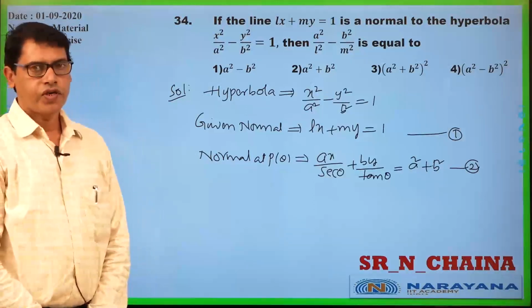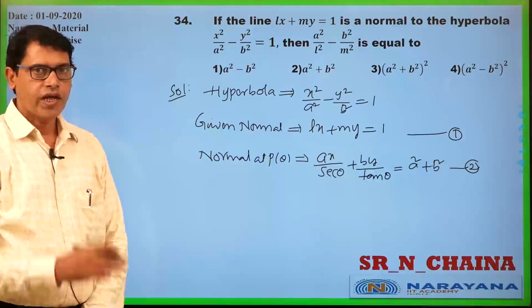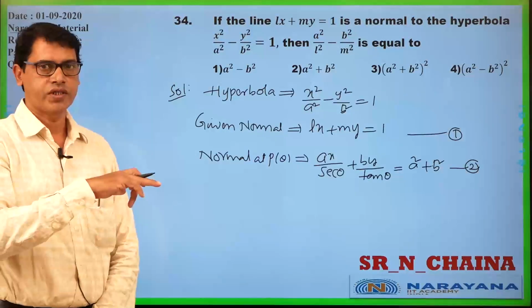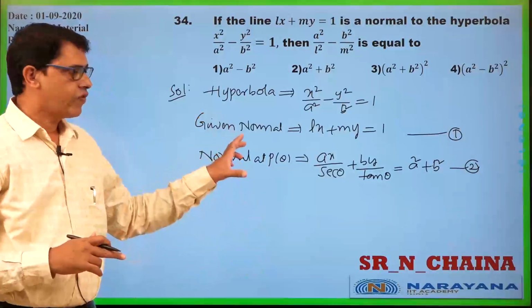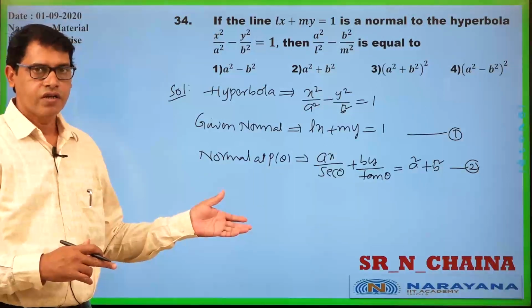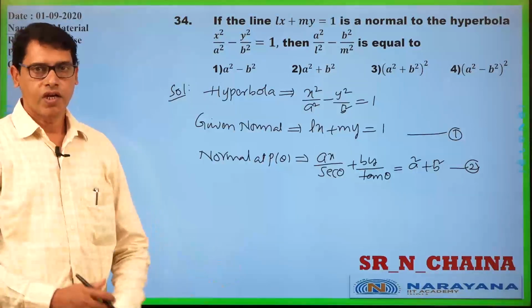If two equations represent the same line, here I am assuming Lx plus My equals to 1 is the equation of normal at the same point. Then what is the condition? The ratio of the coefficients must be equal.